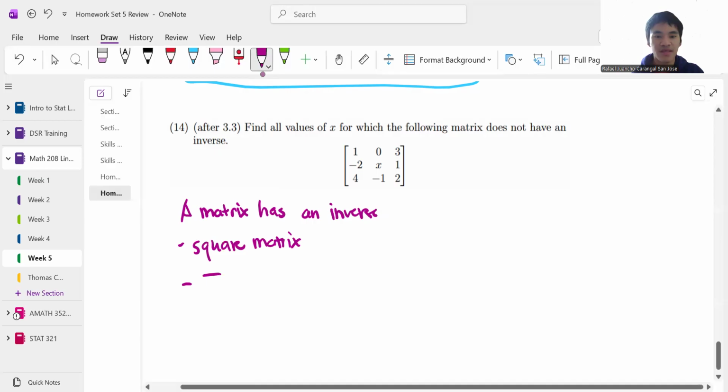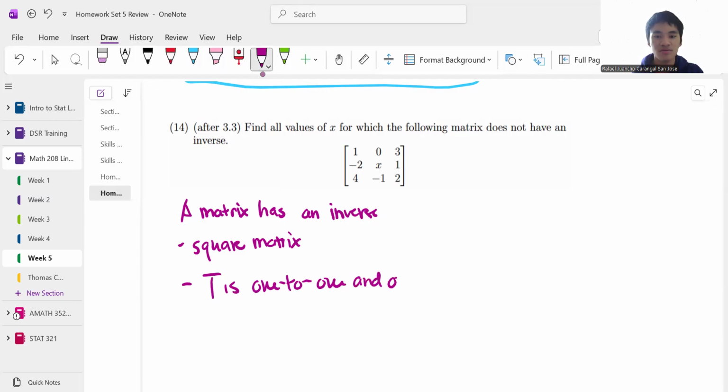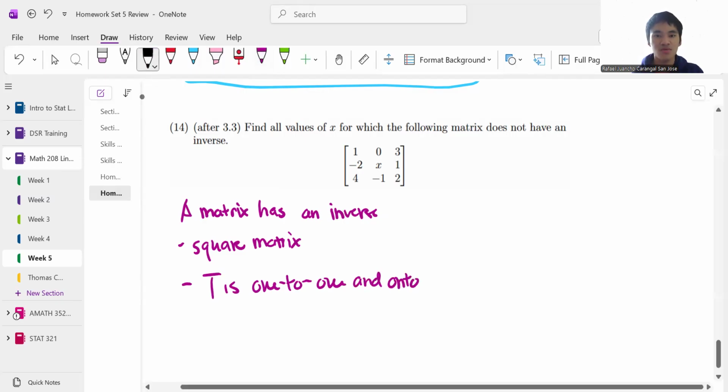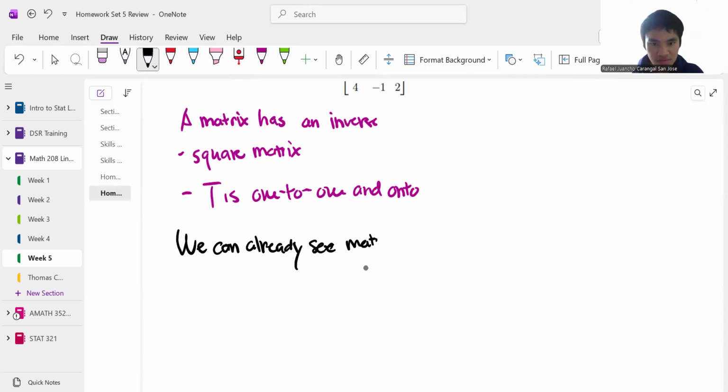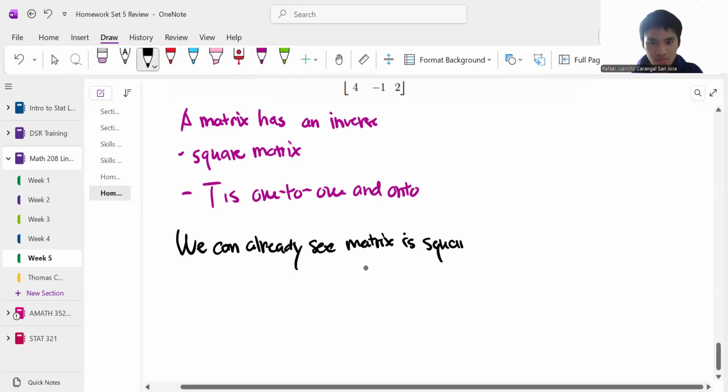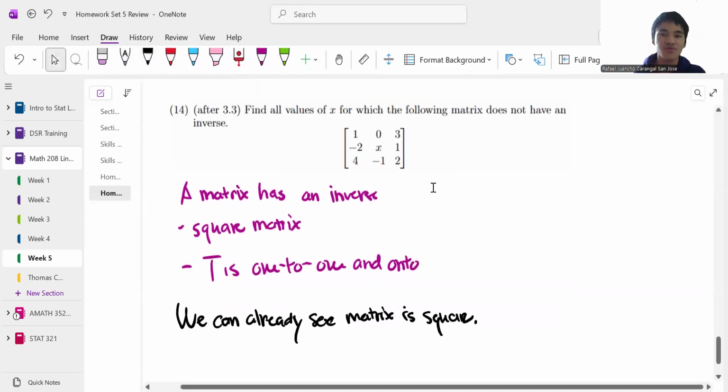Second is that its linear transformation is both one-to-one and onto. You can already see that this matrix is square. We just need to check if it's one-to-one and onto.